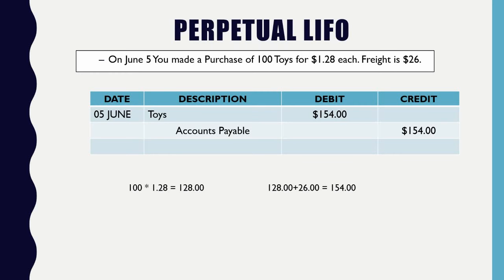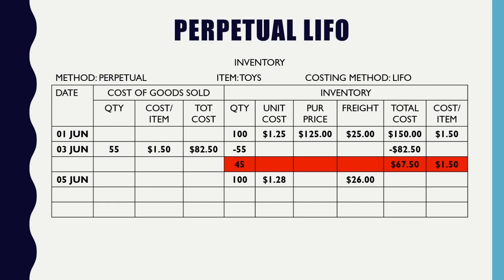Then what happened next? We made another purchase of 100 toys for $1.28. Again, we skip cost of goods sold because we made a purchase of inventory.